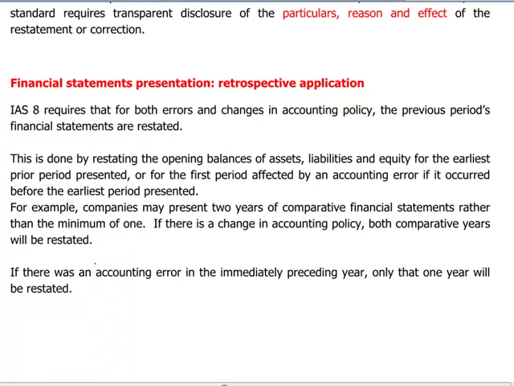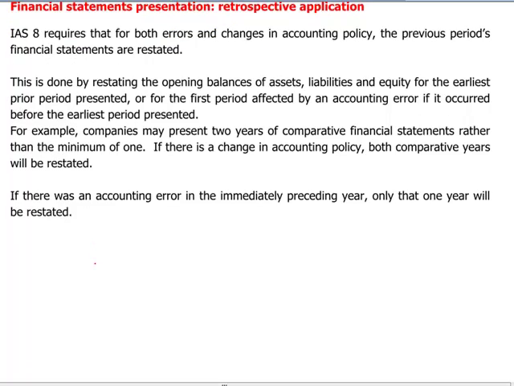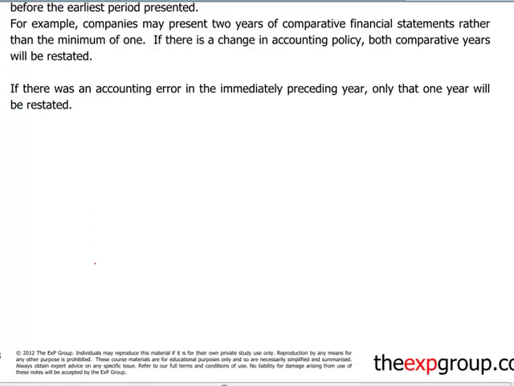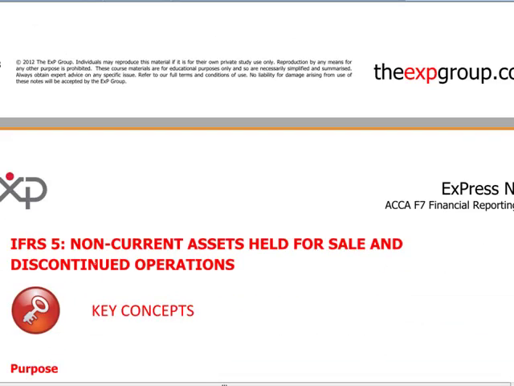Therefore, all I have to do is to go back, affect the lines of assets and liabilities as if the new accounting policy or the error did not exist in the prior year, and adjust the opening balance of the retained earnings. This is basically how we retrospectively correct an error or apply a new accounting policy.